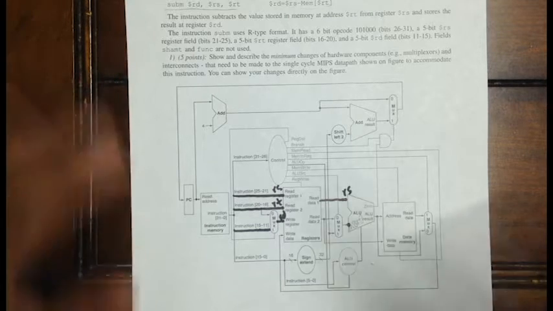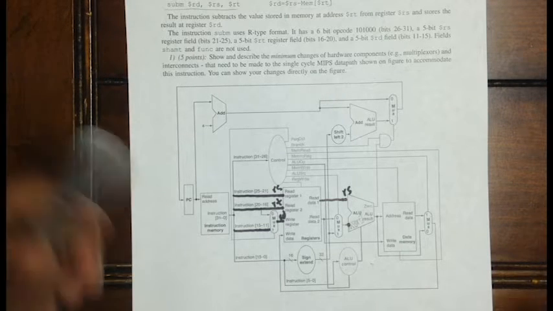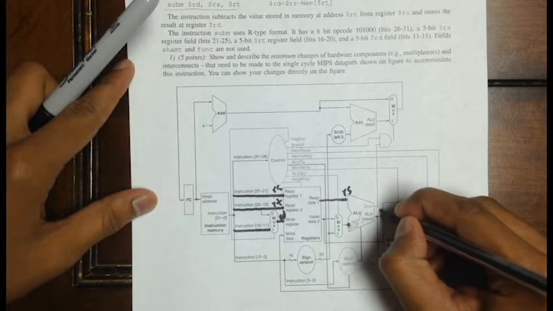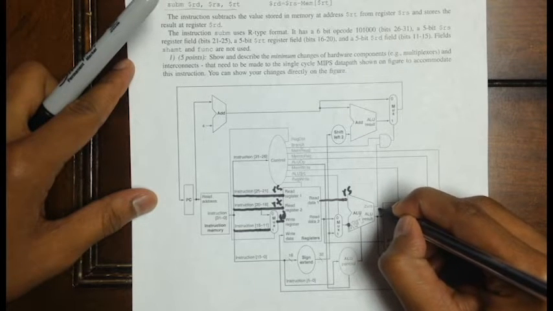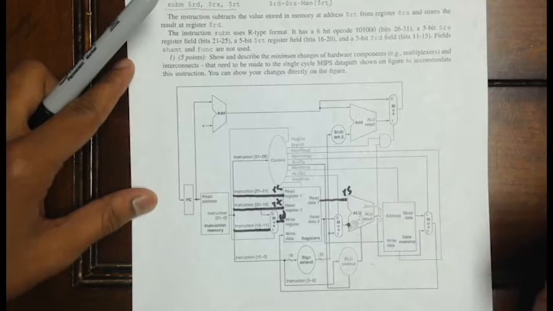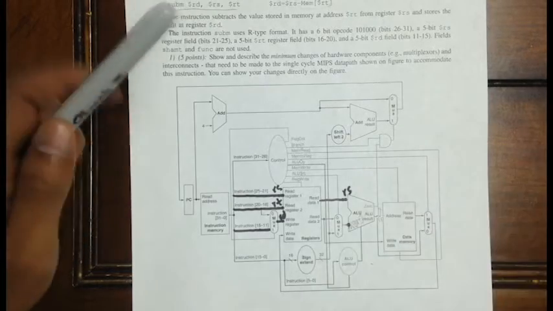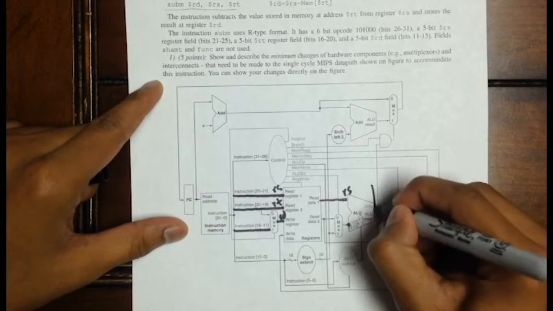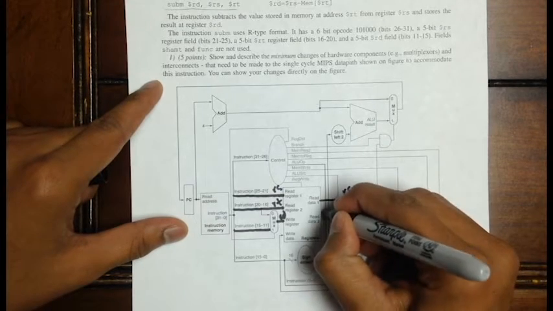So what we're going to do is put in the address RT here. How we're going to do that is we're going to add a new multiplexer into which this is one of the inputs and RT is another input. Let me draw that out.